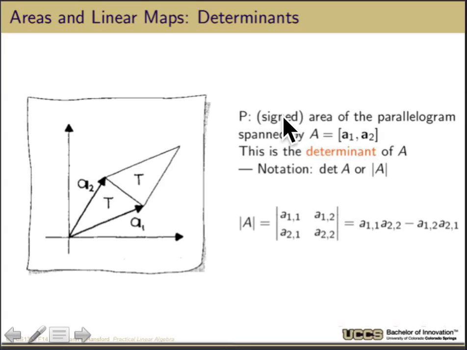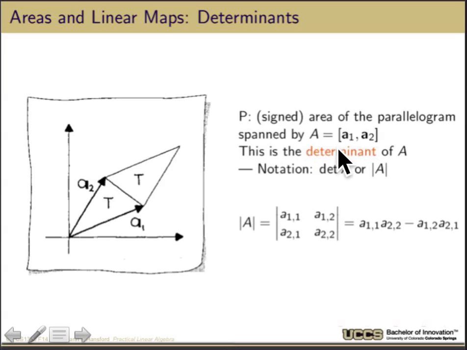If we consider P to be the signed area of the parallelogram, what do we mean by signed area? Well, if the parallelogram is swapped left and right, so that A1 was on this side of A2 and it had a flip, then we'll call it a negative area.